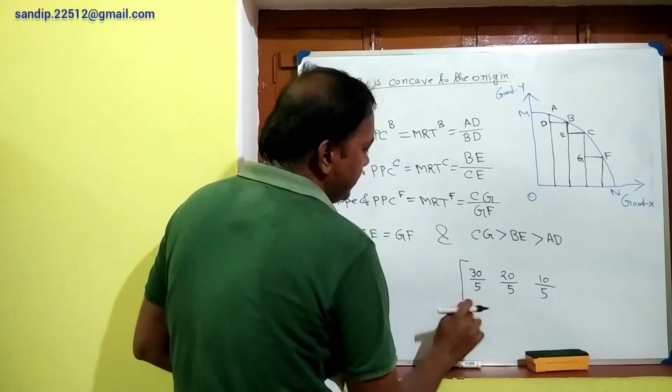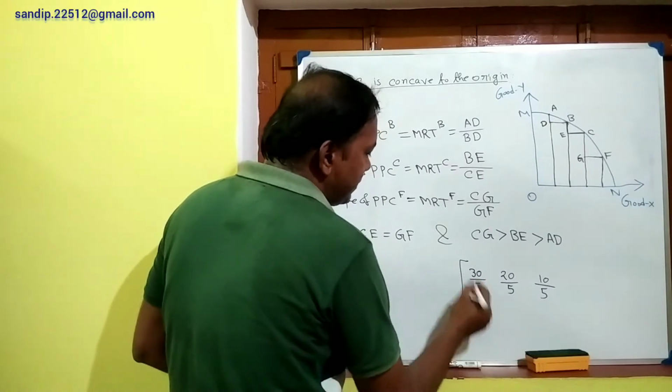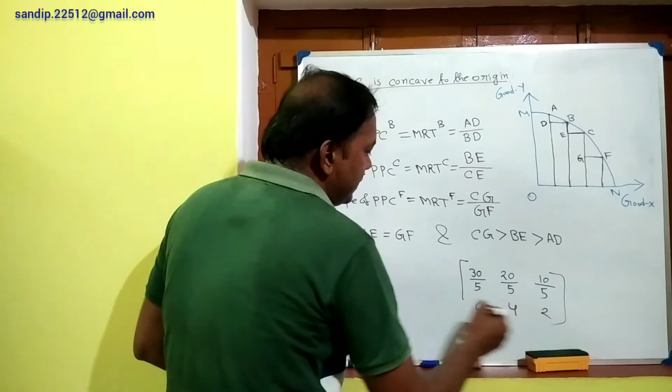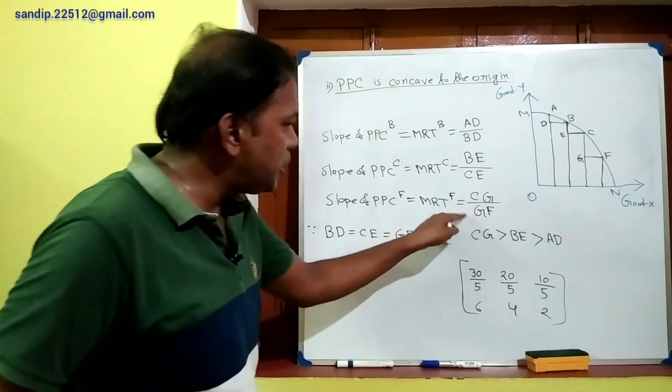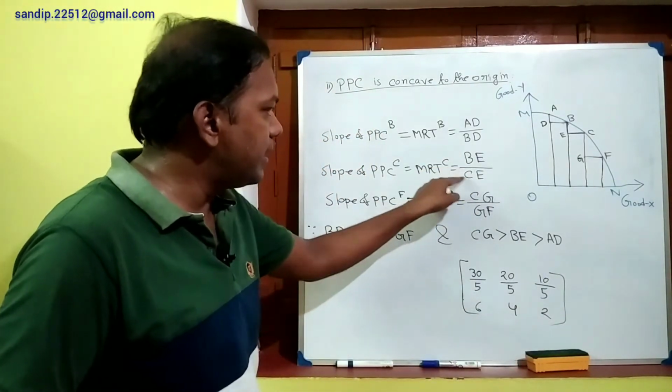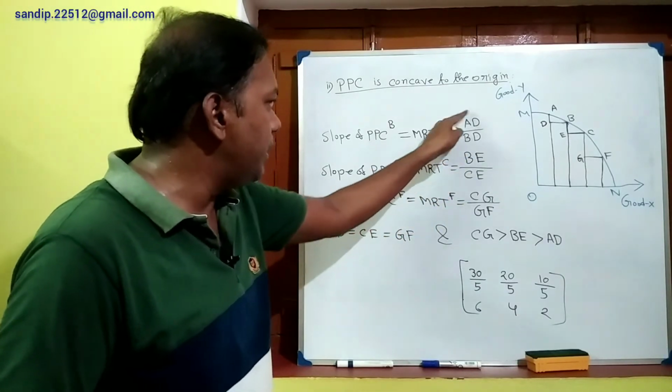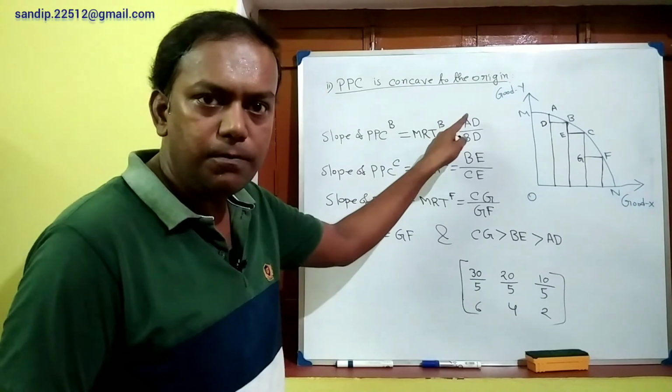Then what will we get? The values are 6, 4 and 2. So this ratio is greater than this ratio, and similarly this ratio is greater than that ratio.